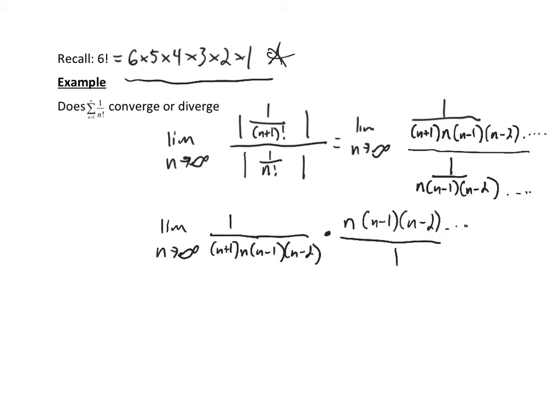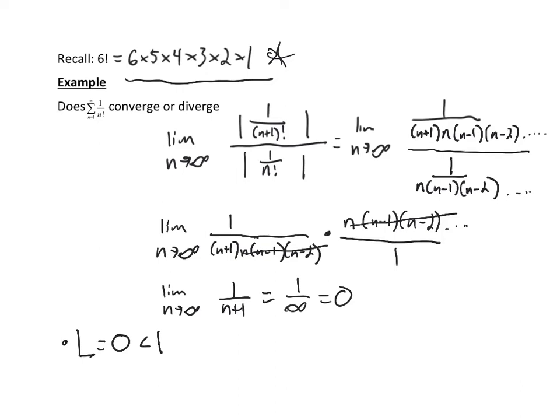If you look at that multiplication, the n, n minus 1, n minus 2, and on, those things cancel. What we have is the limit as n approaches infinity of 1 over n plus 1. Plugging in infinity, 1 over infinity is 0. So L equals 0, which is indeed less than 1.